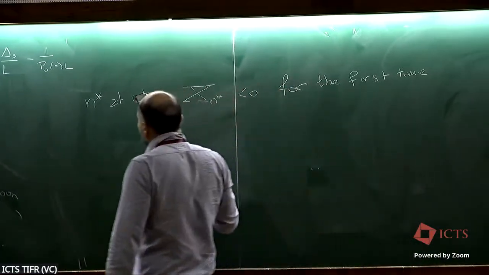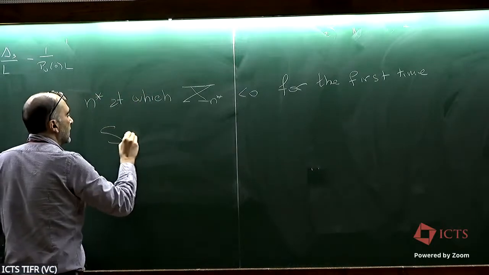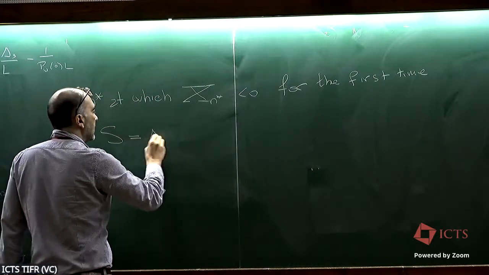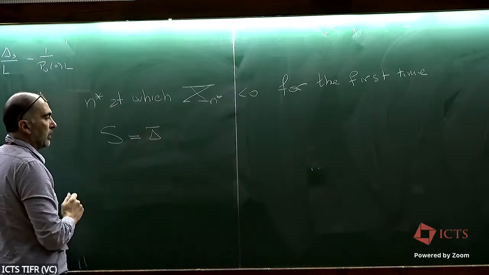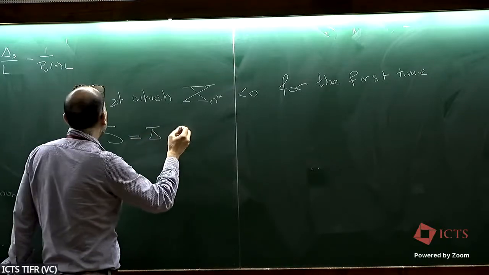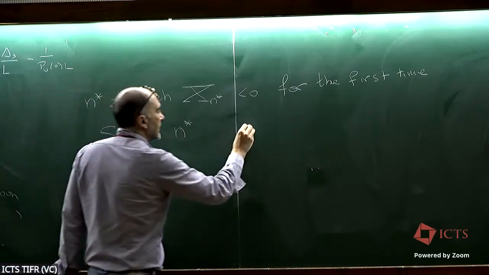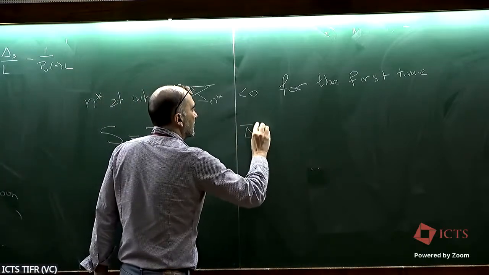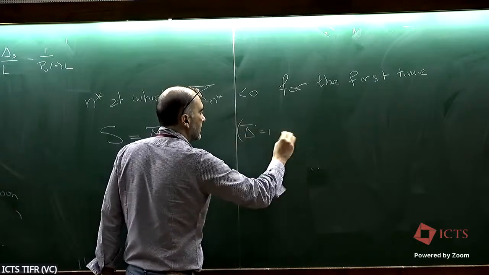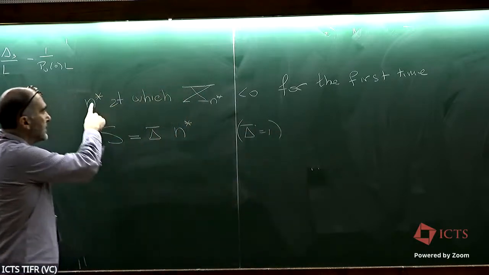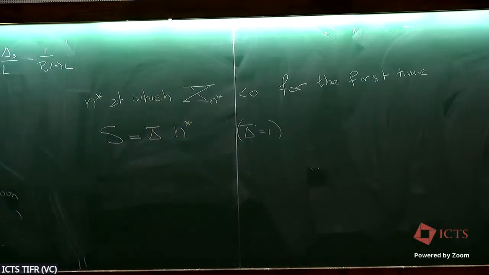And the size of the avalanche S is delta bar, which is the jump after each stability, times n star. So essentially, let's say that delta bar is equal to 1 for simplicity. N star is the size of the avalanche.